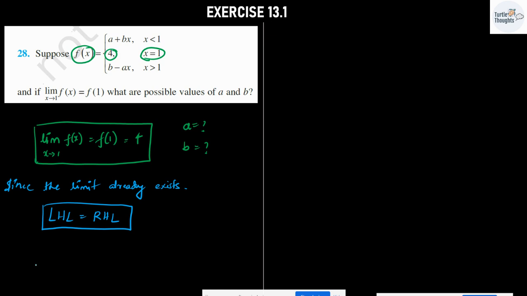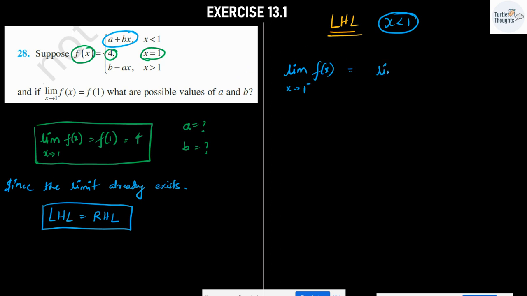So let me consider the LHL first. I'll be writing over here. Let me take LHL. In terms of a limit, I can write this as limit of f of x as x tends to 1 minus. F of x as x tends to 1 minus means that I should be considering the values of x which are less than 1. For the less than 1 values, we have the value of f of x as a plus bx.